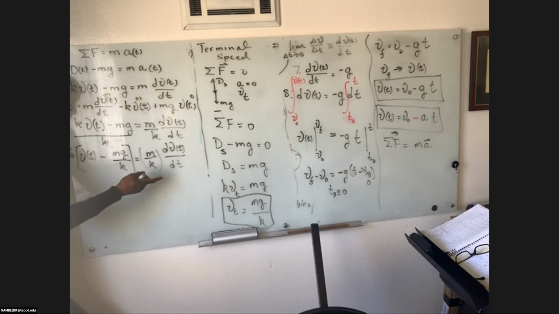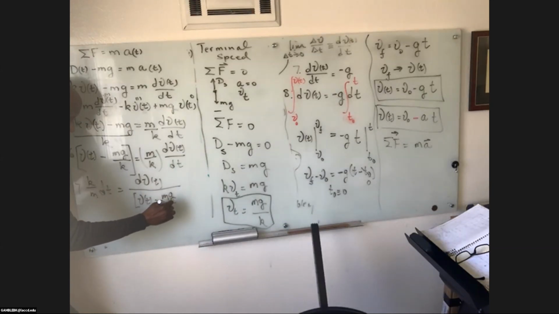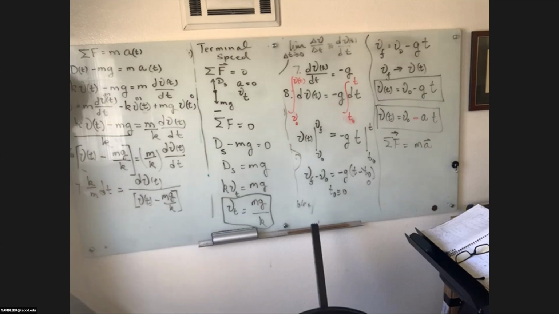So on the left side, I'm going to take over the 1 over dt and the m over k. So over here, I'll have k over m times dt equals dv of t over v sub t minus mg over k.